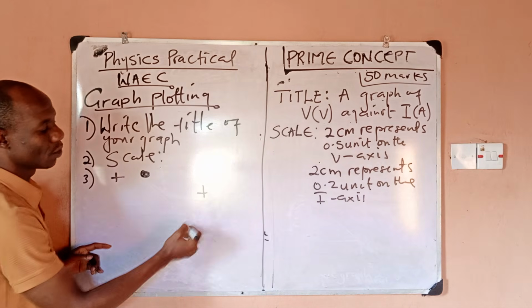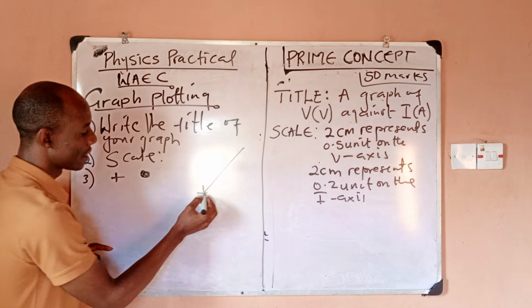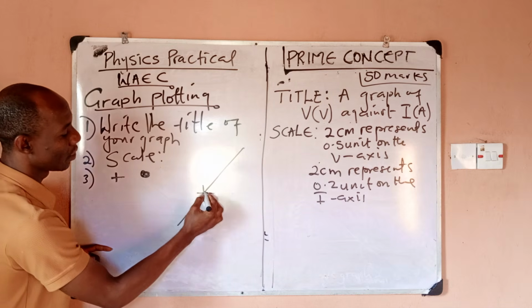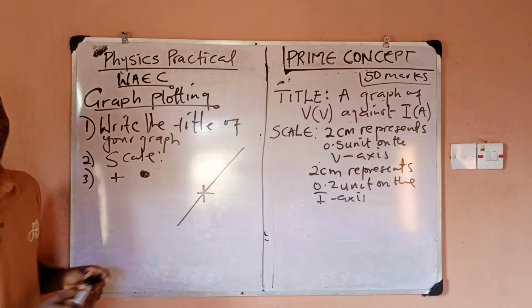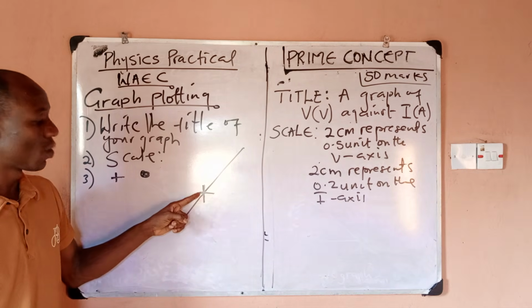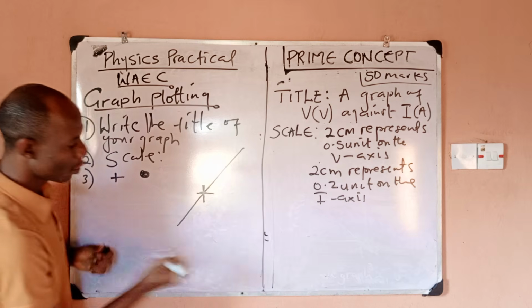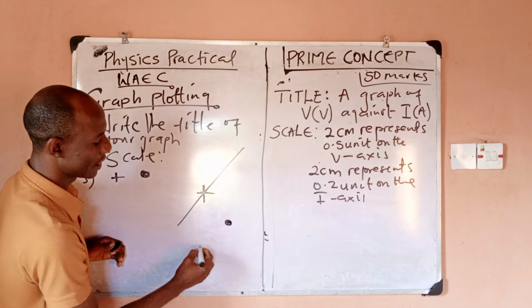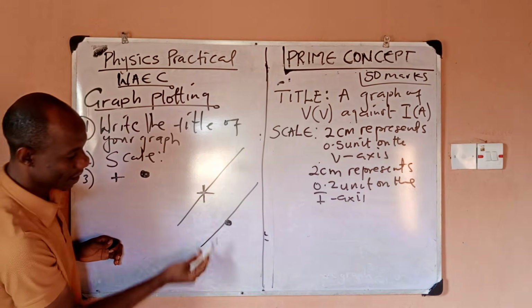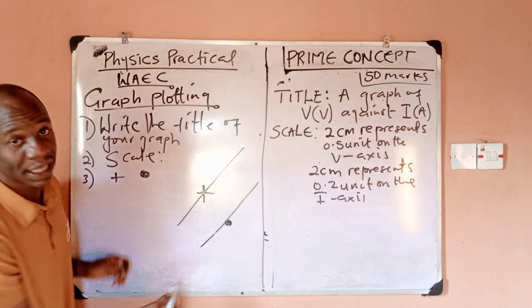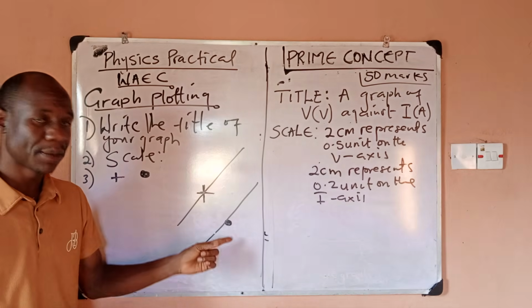When you use this and you want to draw your line of fit, you see that it will go through the center of that plus. Once it goes through the center, you can tell that this point was accommodated. But when you use this big dot like this and you are drawing like this, you don't even know where this line is passing, whether it is touching that point or not.